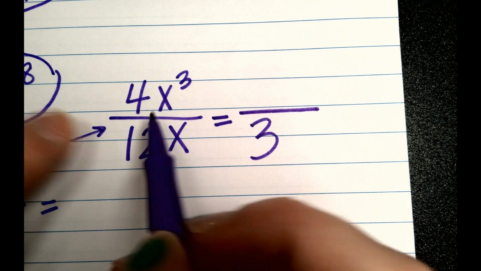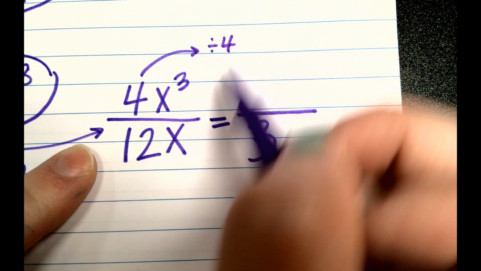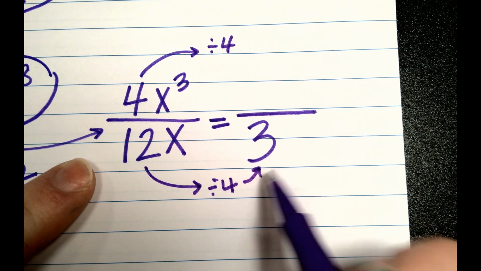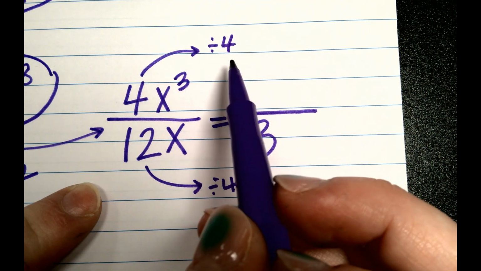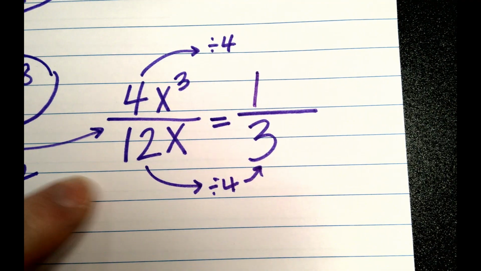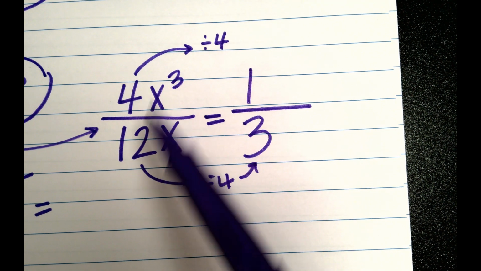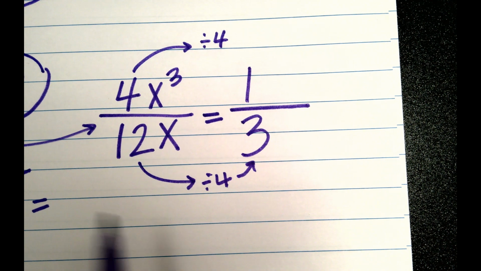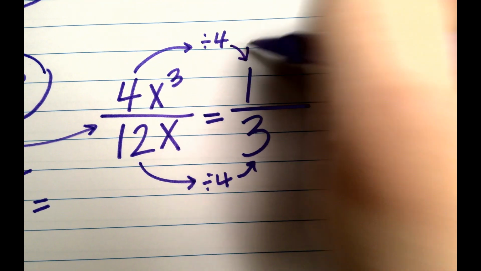Because here's what we're really doing: 4 divided by 4 and 12 divided by 4. 12 divided by 4 is 3. 4 divided by 4 is 1. We just simplified a fraction, basically. 4 over 12 is the same as 1 over 3. We simplified. So we have our whole numbers simplified.